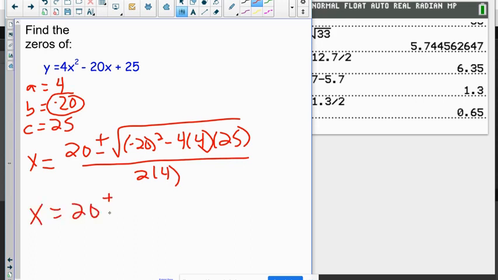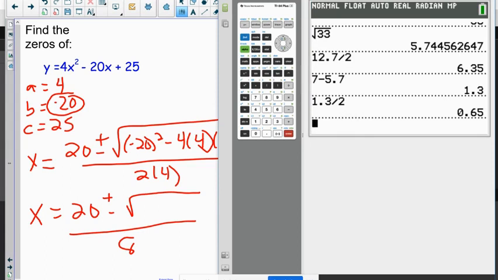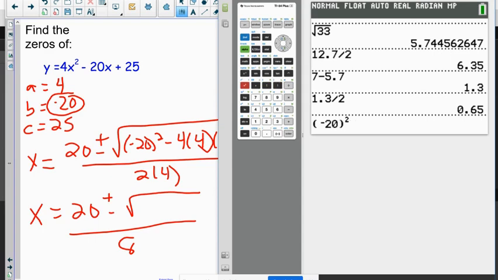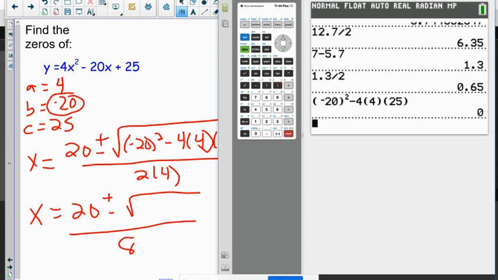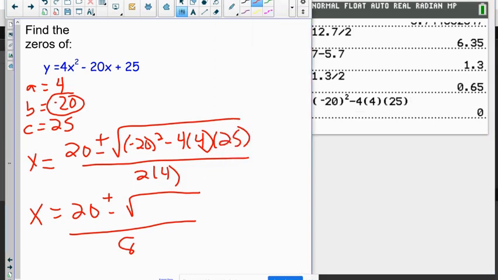I'm going to get everything set up here, and I'm going to use the calculator to work under the square root. So parenthesis negative 20 squared minus 4 times 4 times 25. And notice the answer is 0.